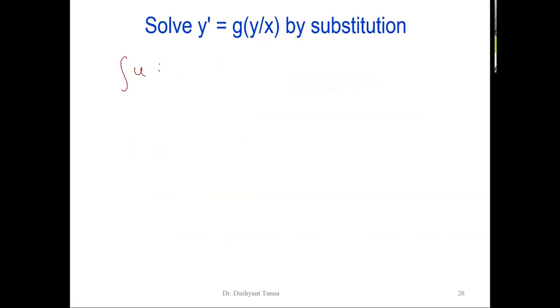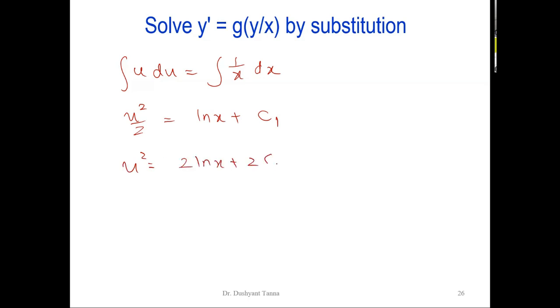So u du is equal to 1 on x dx, u square over 2 is ln x plus c1. You could have called it c1, doesn't matter. So u square is equal to 2 ln x plus 2c1. Okay, and therefore u is equal to, I don't need u, I need y on x, right?